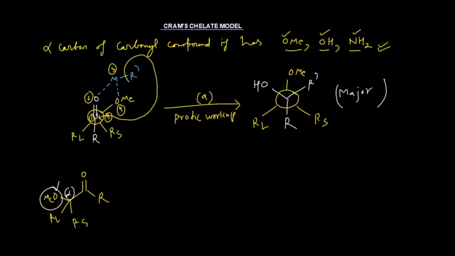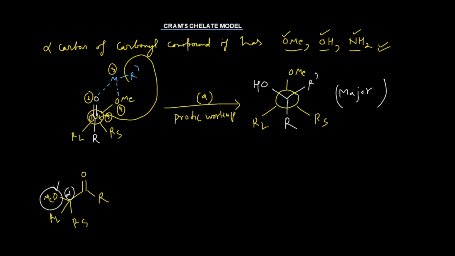Okay, and if it is coming from the other direction, you can also form the minor one. So whenever you have these types of groups present on the alpha carbon, then you need to understand this chelate model. However, the stereochemistry would be the same as it was predicted by the Cram's open chain model. Stereochemistry would be the same whether you use the Cram's open chain model or your chelate model. It is something very important.